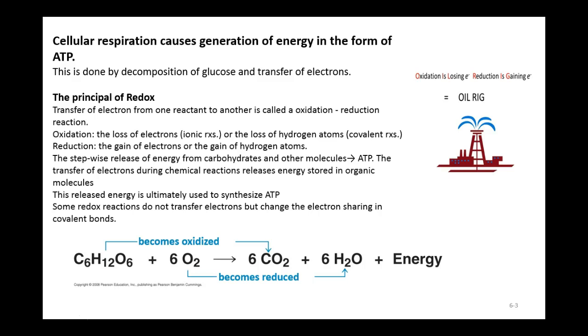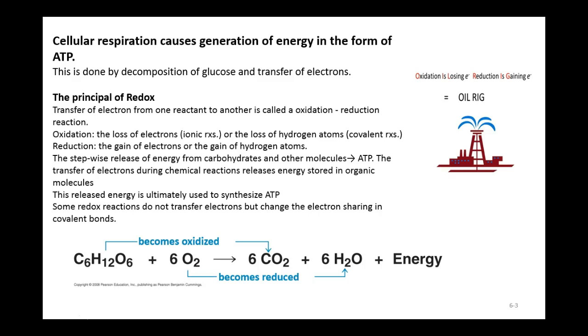Oxidation is the loss of electrons, and this can be in ionic reactions, RXS being just short for reactions, or it can be the loss of a hydrogen atom in covalent reactions. And remember, carbon mostly likes to bond covalently, so most of the reactions we're talking about here are going to be covalent.